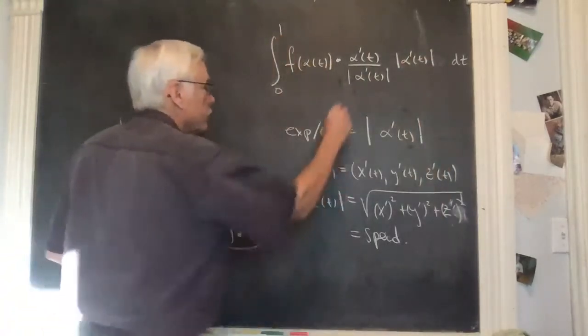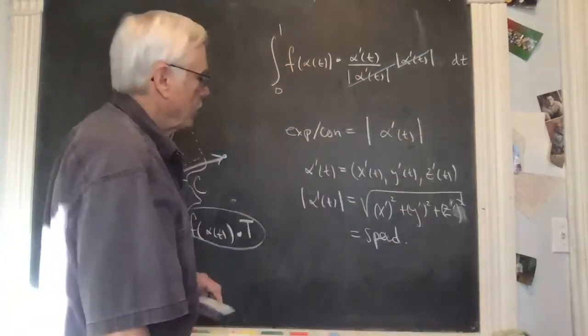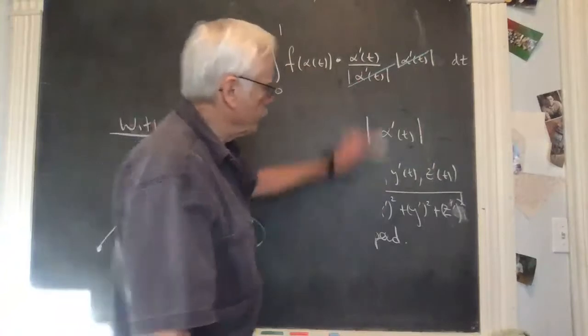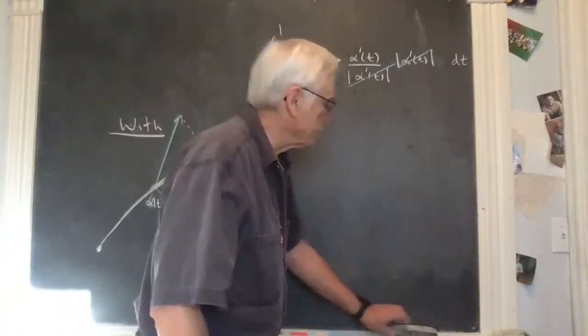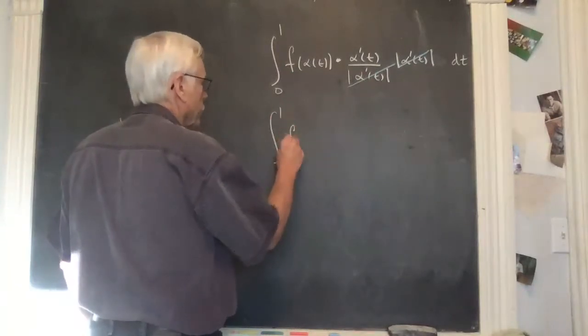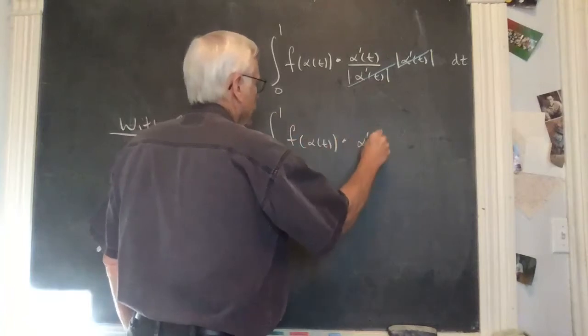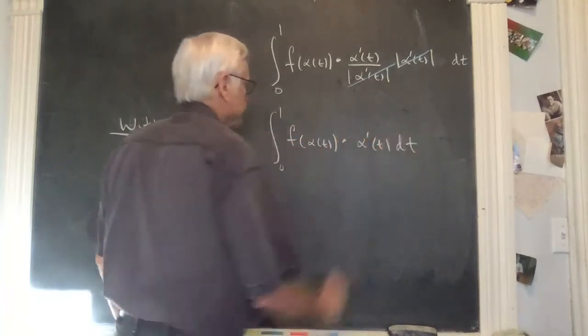And the key here is that you get this cancellation. So integrating the force that's with you amounts to integrating between 0 and 1 F of alpha of t dot alpha prime of t dt.